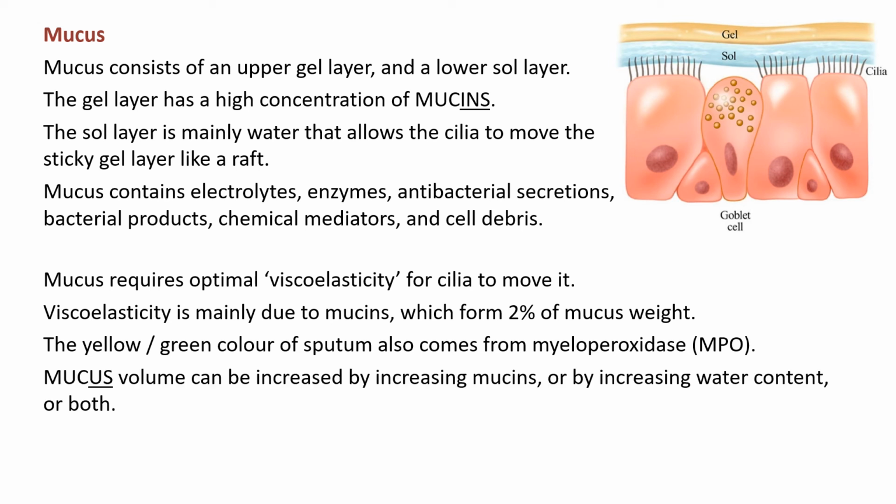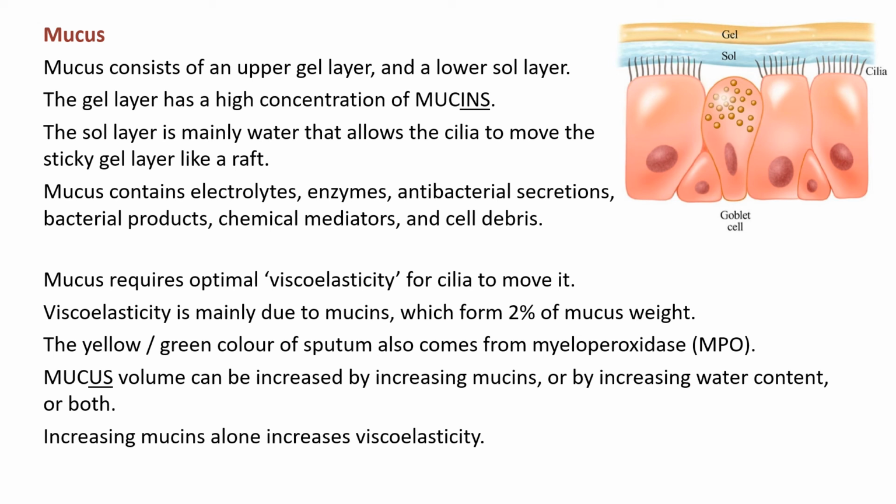So mucus volume can be increased by increasing the mucins, or by increasing the water content, or both. So here we're talking about the volume of mucus as a whole. If we increase the mucins, we increase the stickiness.